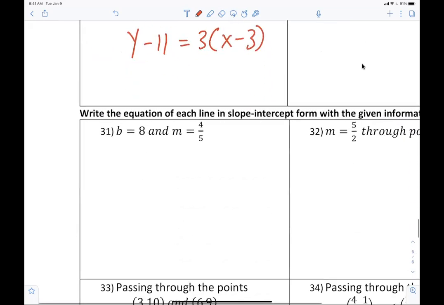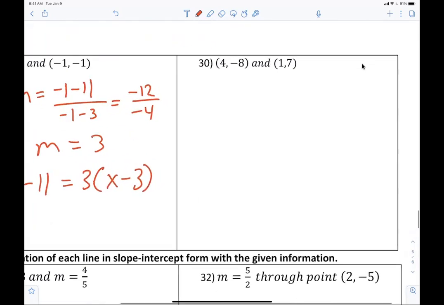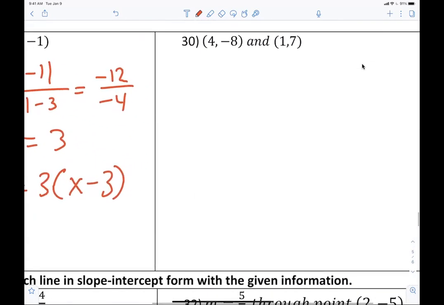Avery. All right. Let's let you do 30. Go. m equals 15 over -3. You're amazing. And then it would be 5. Come on. And then you do y minus y plus 8 equals.